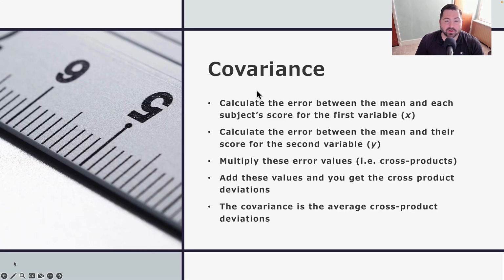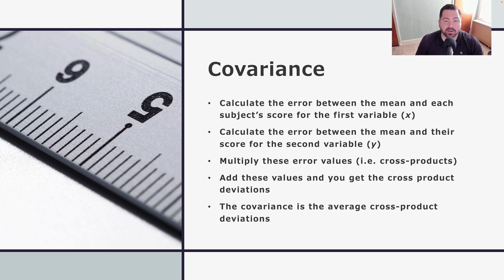But when we talk about covariance or shared variance, we're trying to calculate the error between the mean and each subject's score for the first variable. So effectively, we're trying to determine the deviance of each person's score from the average score.